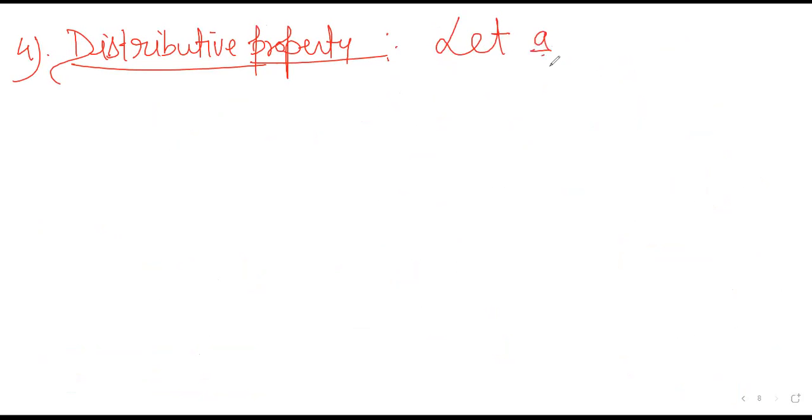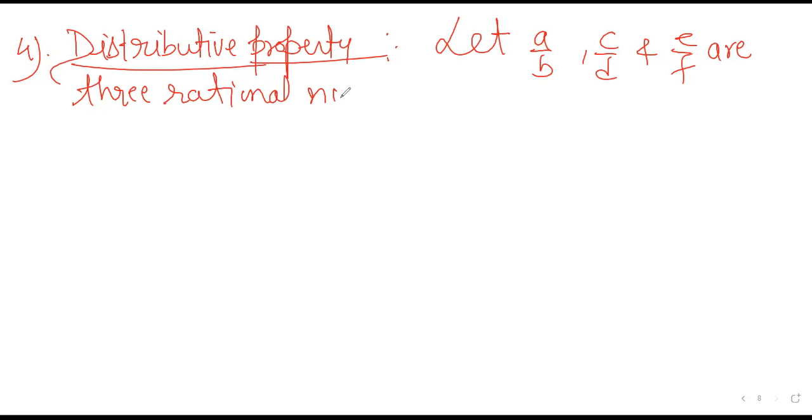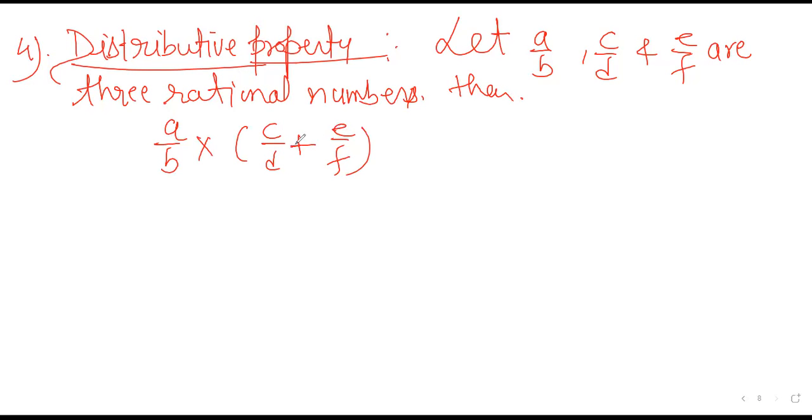Let A upon B, C upon D, and E upon F be three rational numbers. Then A upon B multiplies C upon D plus E upon F. Now look, in associativity, everywhere there is either a plus or a minus sign.